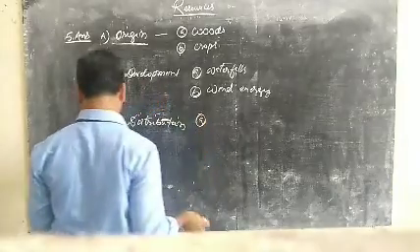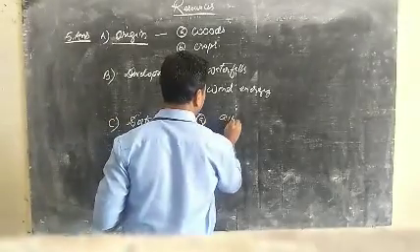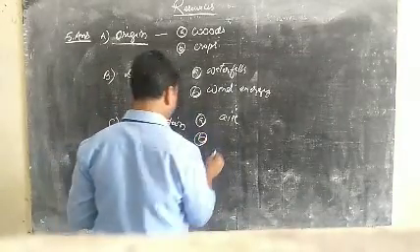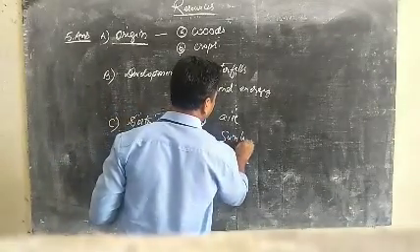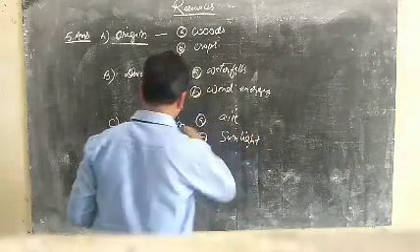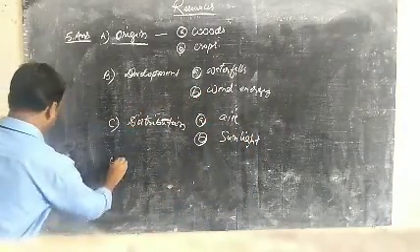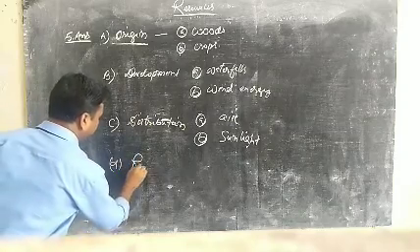Here we have to remember air is found everywhere, and sunlight, everywhere it is found. Okay, and number D, renewability.